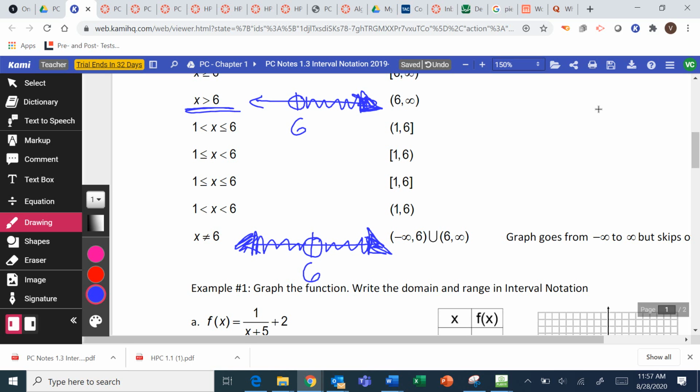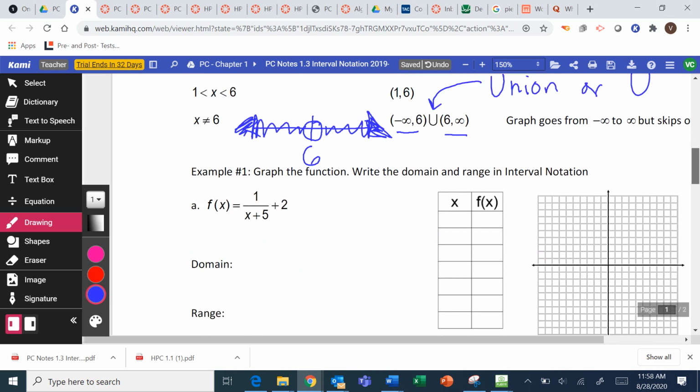Anytime we have more than one piece, we're going to have more than one interval, and we hold those together with the union symbol, which is a capital U. You could have 5 different pieces. They all have to be separated by U's.